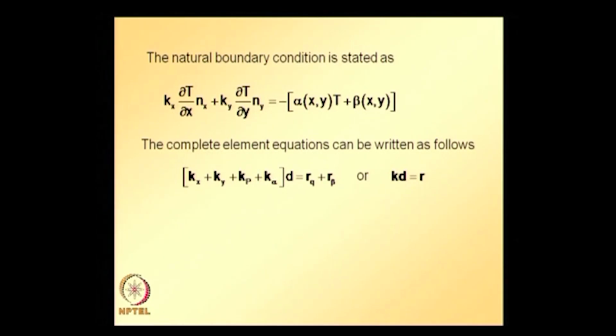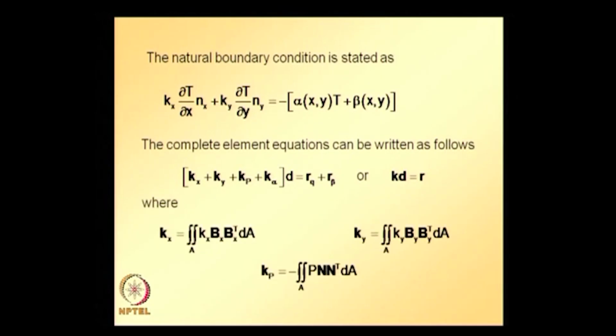And if you see each of these, k_x, k_y, k_p, they are all area integrals or integrals over the entire domain, and we need to adopt a numerical integration scheme when the integrand becomes complicated.